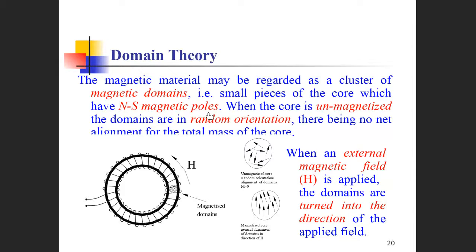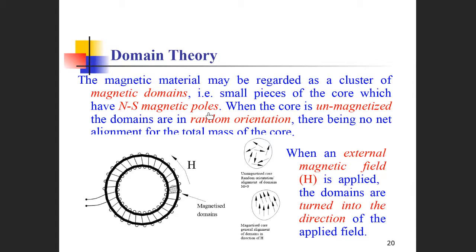These small poles interact with the external magnetizing force H. When H is weak, this H can pull 1% of the small poles to align with the direction of H. As you increase the strength of H, more and more small poles are aligned with the direction of H. At the end, when H increases to a certain level, all of the small poles are aligned with the direction of H.